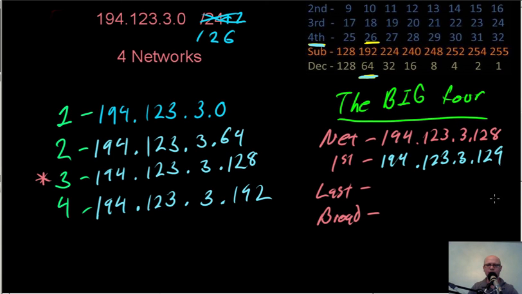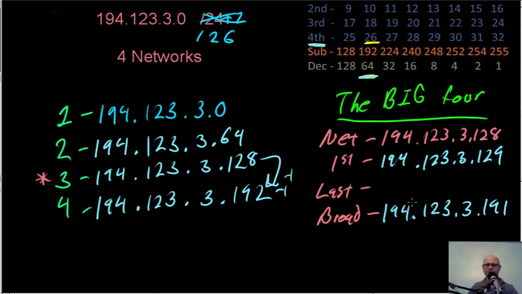Just add 1 to that net ID. Now our broadcast is going to be our next network, so next network, net ID minus 1. Subtract 1 from that 192, and that will give us 194.123.3.191. So if you can add 1 and subtract 1, you can do subnetting, essentially, utilizing this chart.